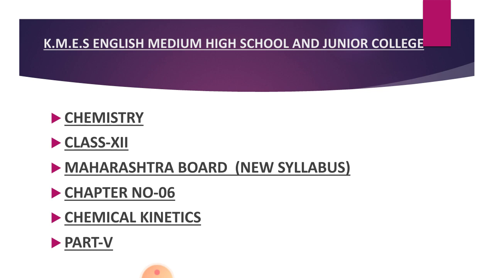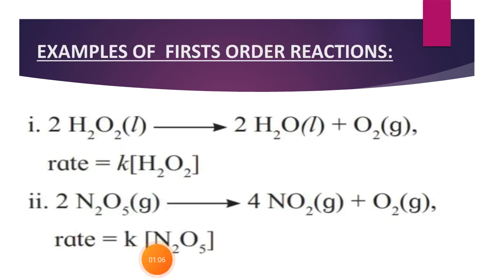Today we are moving further towards examples of first order reaction. As we know, the order of any chemical reaction is determined experimentally. So these are the examples which have been given over here.